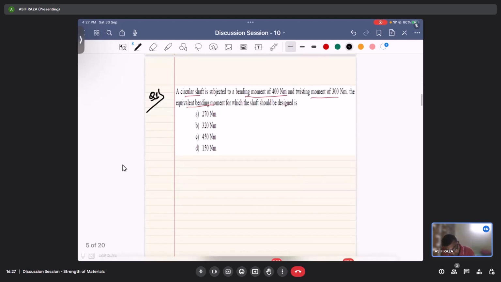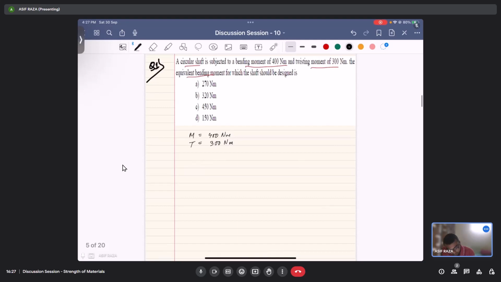So we are given the bending moment equal to 400 Newton meter, and twisting moment equal to 300 Newton meter. We need to find the equivalent bending moment, and that is given by half of M plus minus root of M square plus T square.